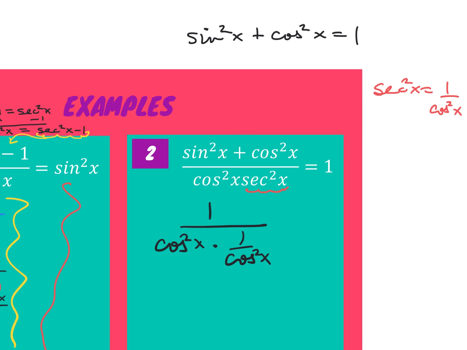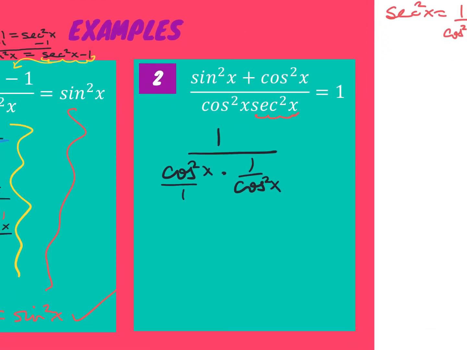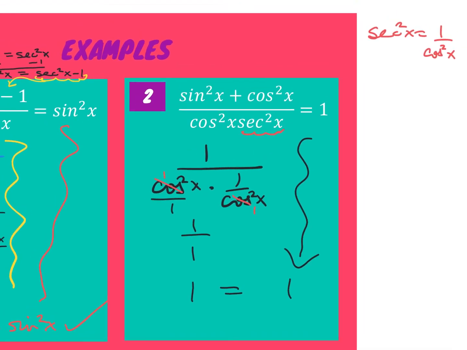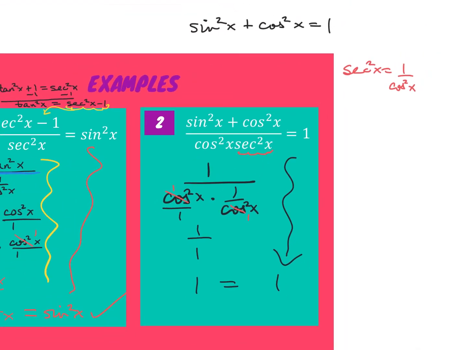And now I can simplify the denominator. These become 1s, and now I'm left with 1 over 1, and 1 divided by 1 is 1, which is what it wanted me to simplify it to. So this one was pretty easy. You just used a Pythagorean identity and a reciprocal identity, and then you multiplied.